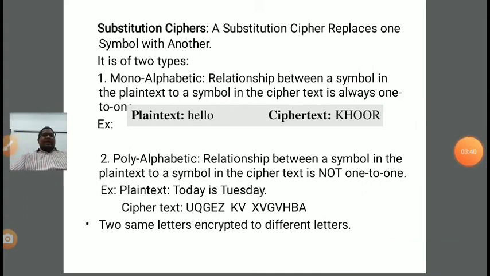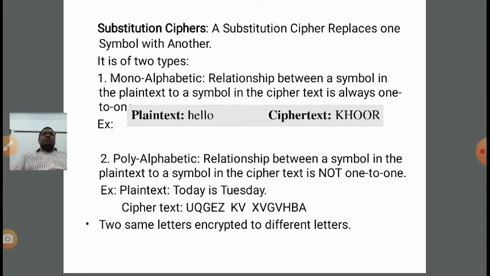The next category of substitution cipher is the polyalphabetic cipher. As the name implies, in a polyalphabetic cipher, the relationship between a symbol in the plain text and a symbol in the ciphertext is not one to one. It can be one to many.